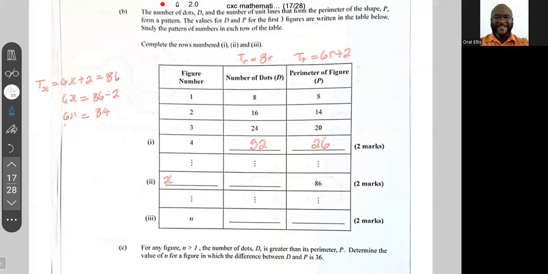If I divide both sides by 6, I'm going to get X is equal to 14. So X here is 14.